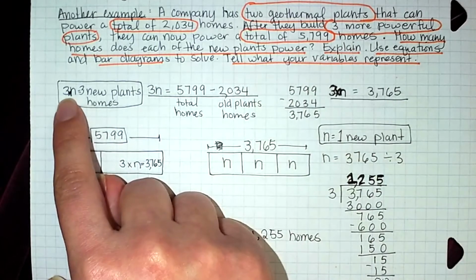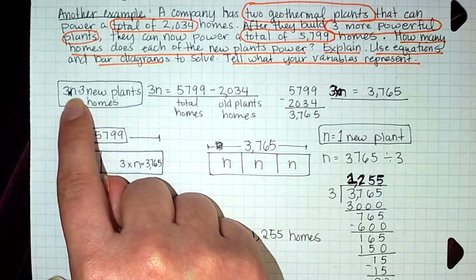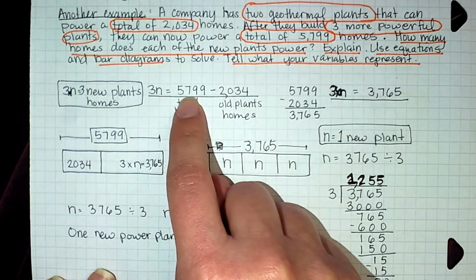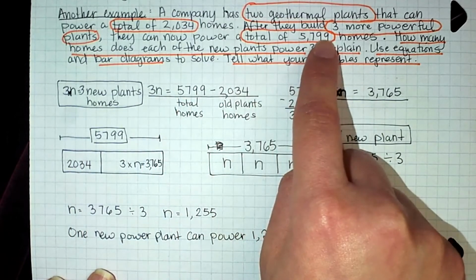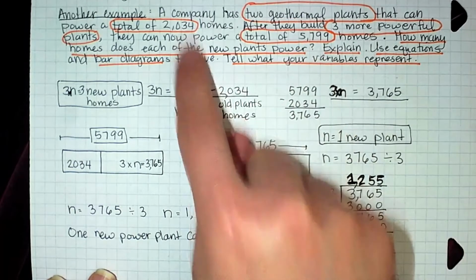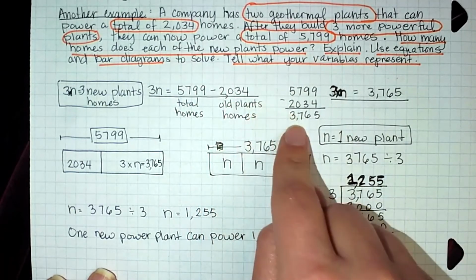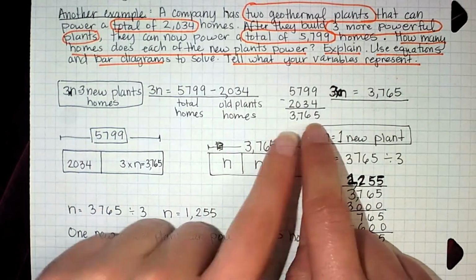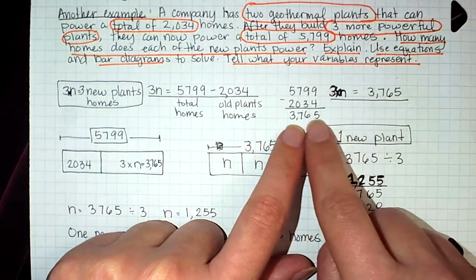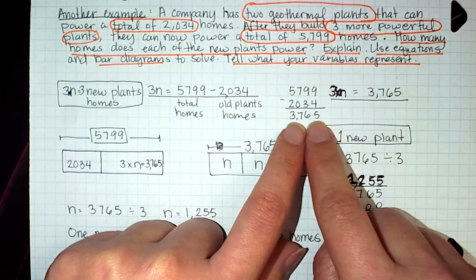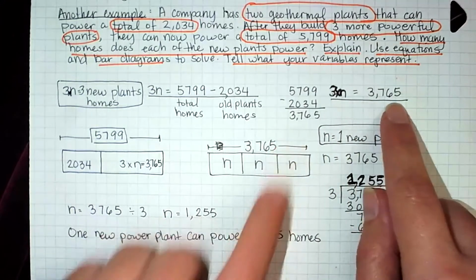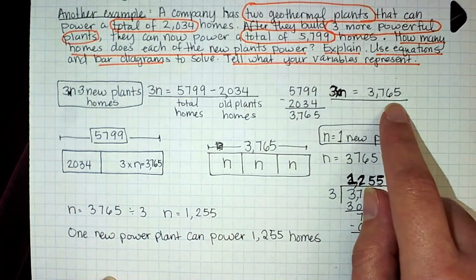So I knew that 3 times the new power plants was equal to 5,799, the total number of homes, minus the original number of homes, which gave me 3,765. So all 3 of those new power plants could power a total of 3,765 homes. So 3 times N was equal to 3,765.